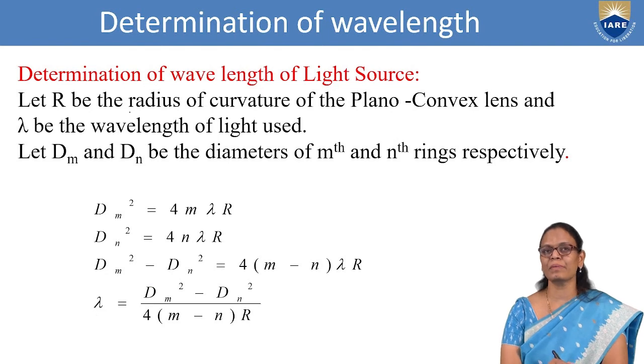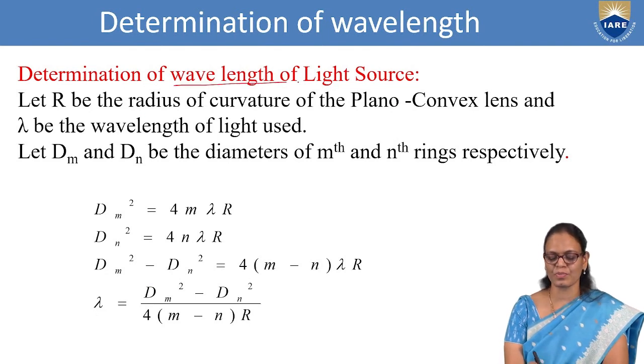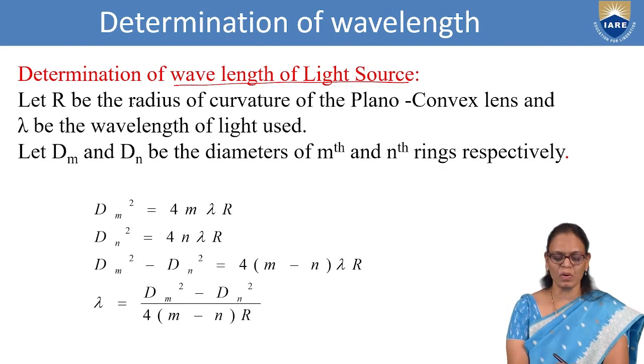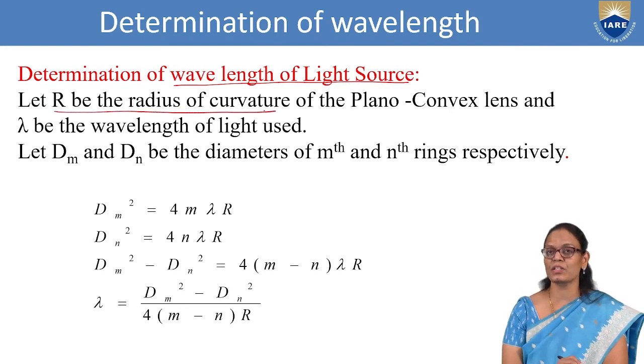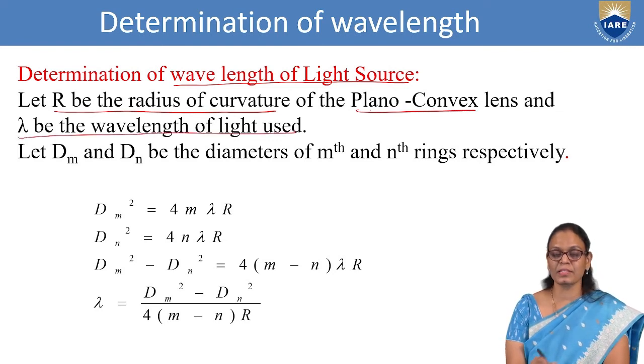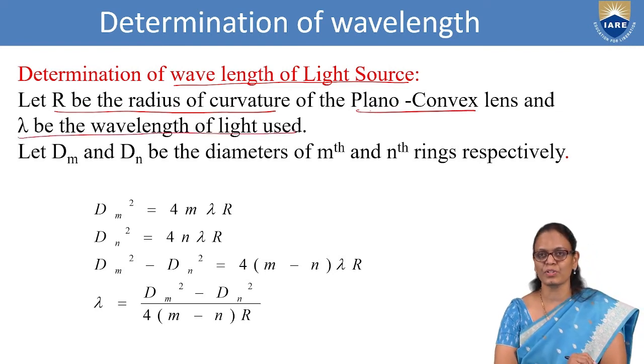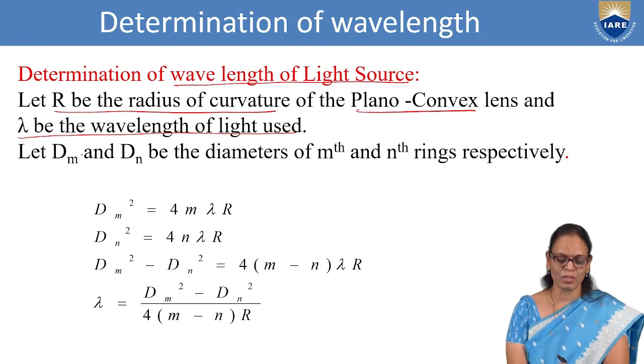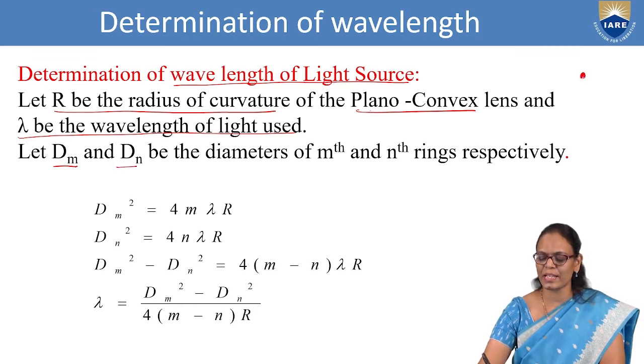Now, how do we determine the wavelength of the light source using this Newton's rings experiment? We know capital R is the radius of curvature of the plano-convex lens and wavelength lambda is the wavelength of light used. Now we are calculating the diameters of the mth ring and the nth ring. We have seen this is the dark spot. This is one ring. We are talking only about bright rings.